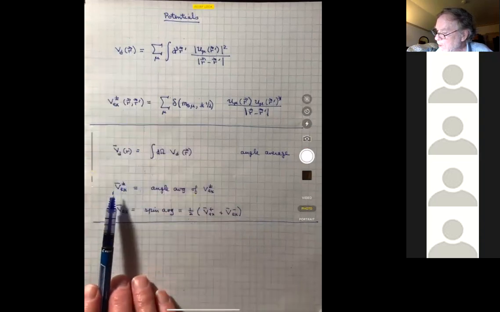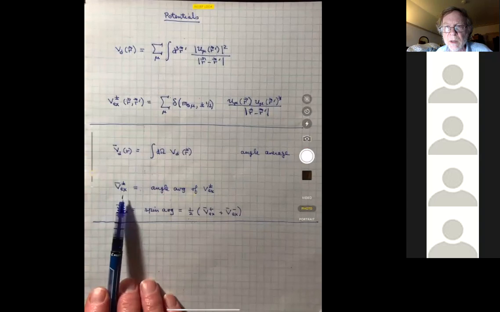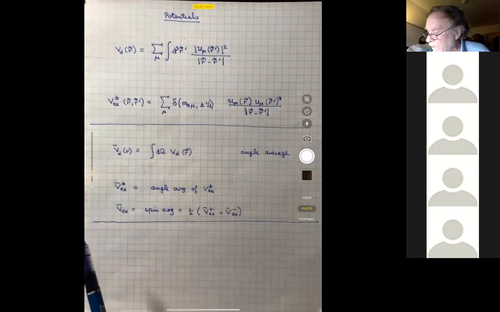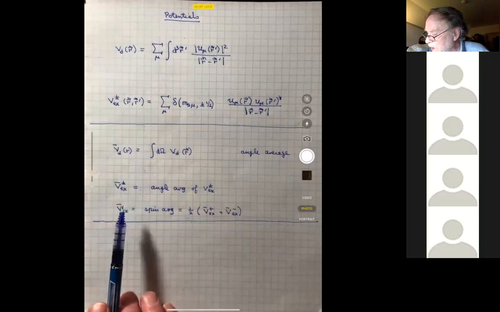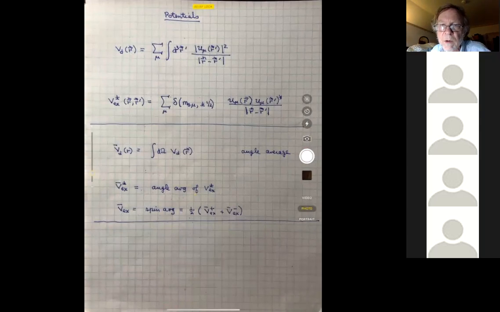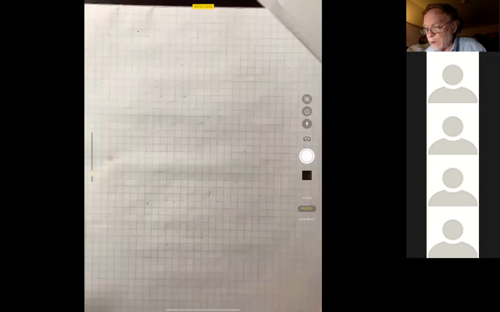And we do something similar but more complicated for the exchange potential, more complicated because it's really an integral transform and not a multiplicative operator. We also average the exchange potential over spins, which makes the Hamiltonian independent of spin, and therefore it gives it the form of a central force Hamiltonian. Anyway, those are the potentials.